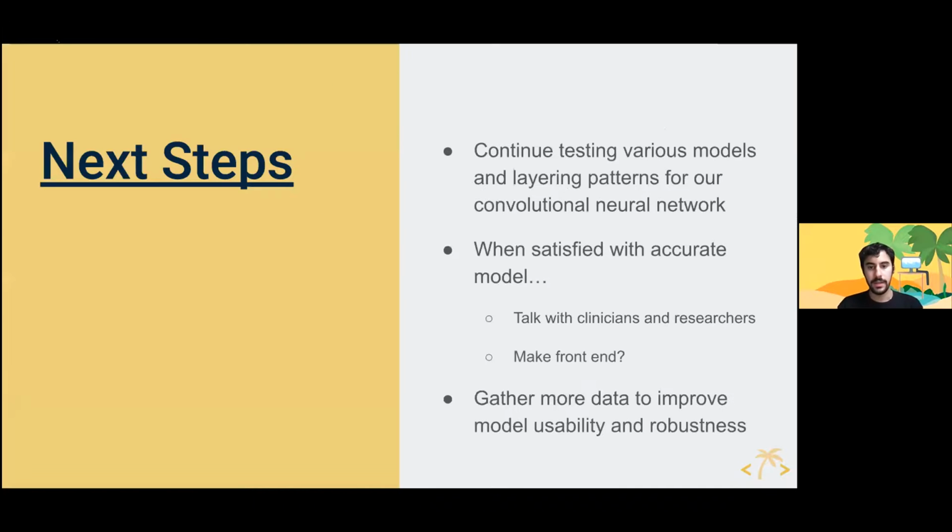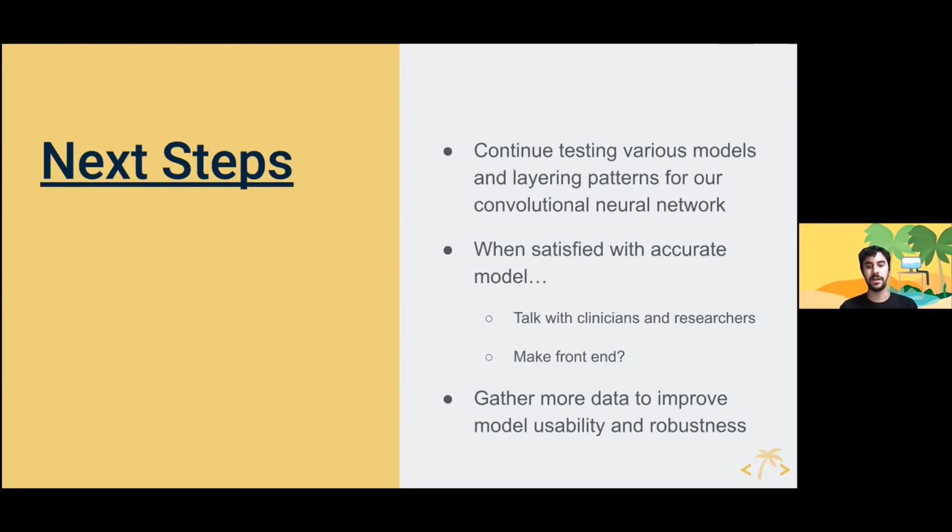And then next steps: continue testing various models and layering patterns for our network. And then when we're satisfied with the model, that's when we start reaching out to clinicians and researchers to gauge interest in the project and see if this is something that they'd be willing to contribute to or interested in using.